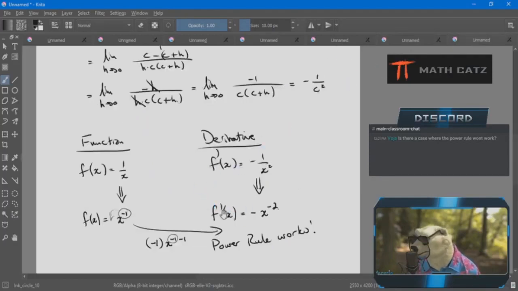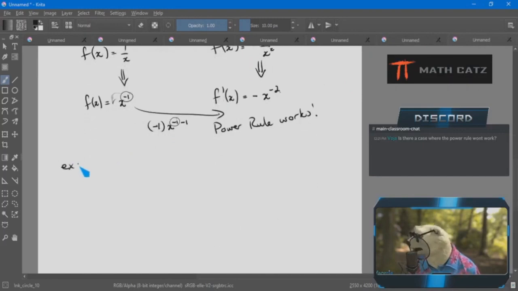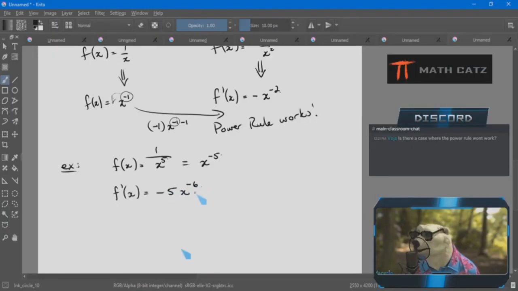It always works. If, for example, I have the function 1 over x to the 5, well, I can rewrite that as x to the negative 5. And then the power rule simply says, put the negative 5 in front, the new power of x is 1 less.